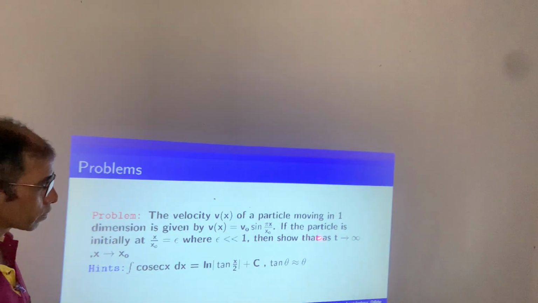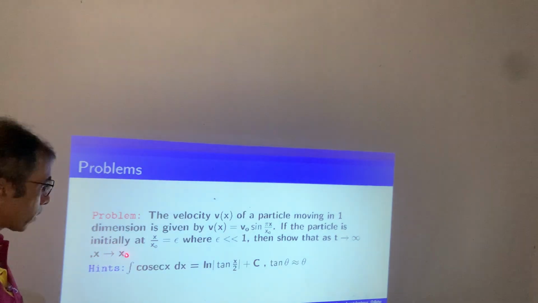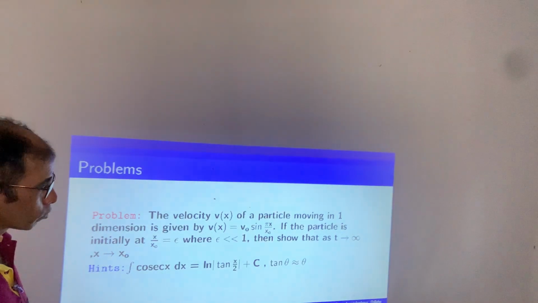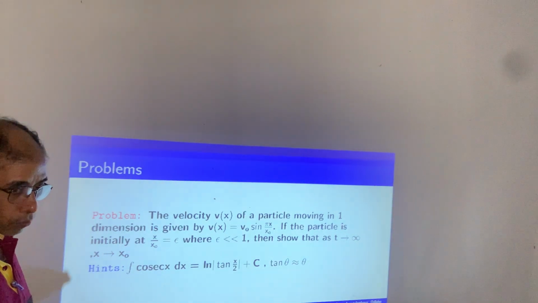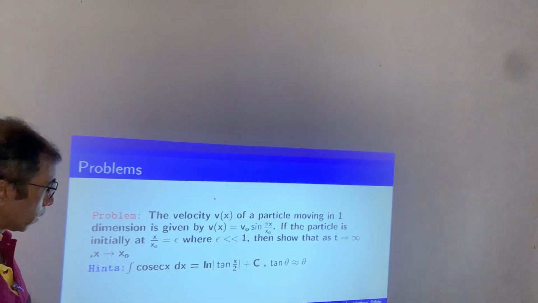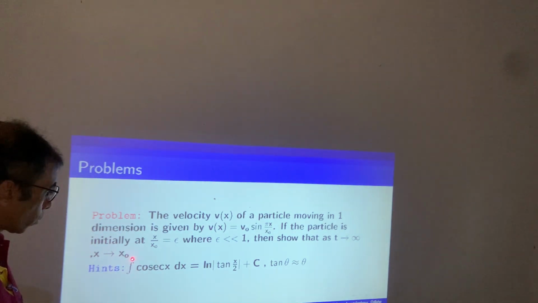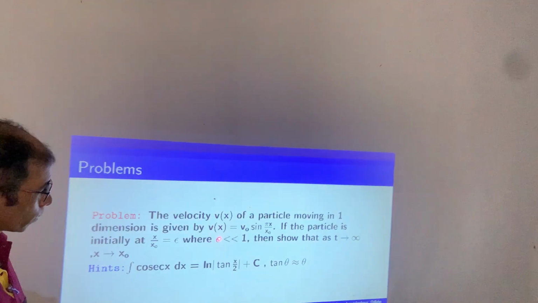We will show that as t tends to infinity, x tends to x0. So the motion is such that as t tends to infinity, the particle will go towards x0. This is what you have to prove here.